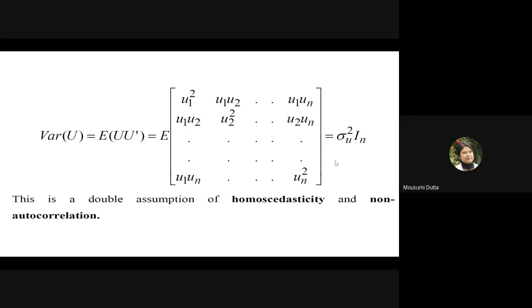That identity matrix is of order n by n, which we can present as I_n, identity of order n, which means it is a symmetric matrix of order n by n. So this is telling us about the double assumption. If we write the variance covariance of the error vector is equal to sigma square I, this is indicating the double assumption of homoscedasticity and non-autocorrelation.